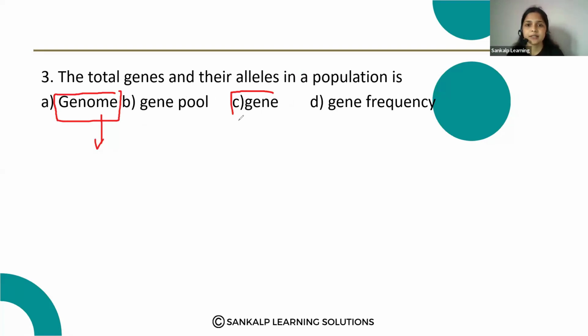Gene, it is not the total number of genes, right? So it will not represent the genes and their alleles. Gene frequency is also not representing the total genes and their alleles. So the correct answer is option B, gene pool. Gene pool means the total genes and their alleles in a population.